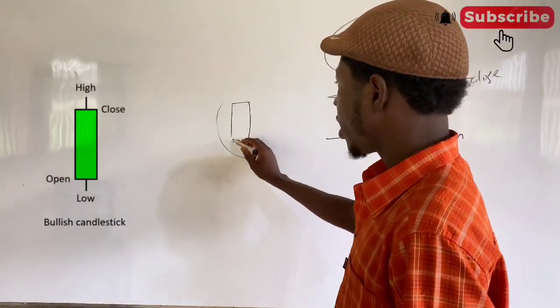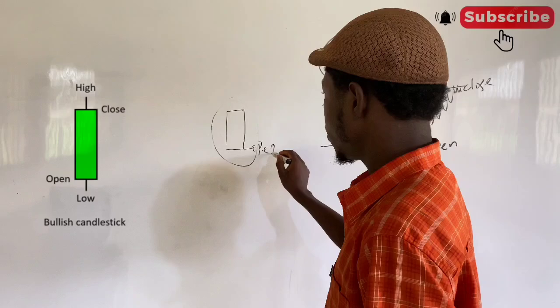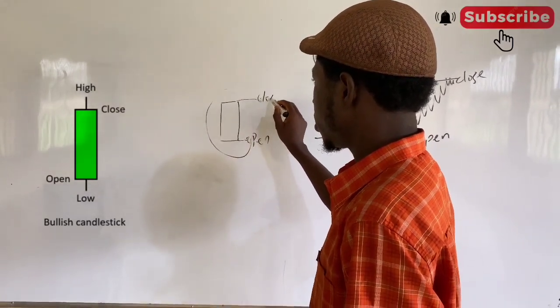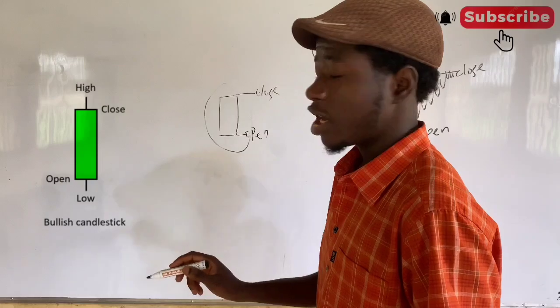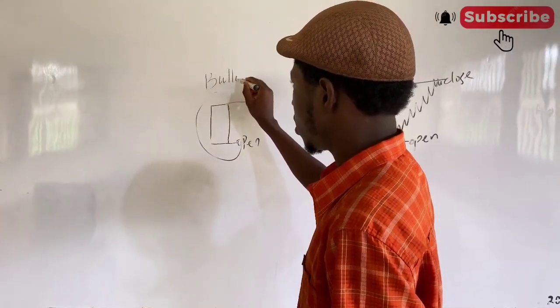So if a candle, this is the open price, and it traded here and closed here, that is a bullish candle.